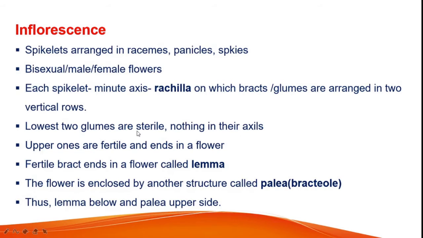The lowest two glumes are sterile, nothing in their axils. Upper ones are fertile and end in a flower. The fertile bract that bears a flower is known as lemma. The flower is enclosed by another structure called palea or bracteole. Thus the lemma is below and the palea on the upper side.